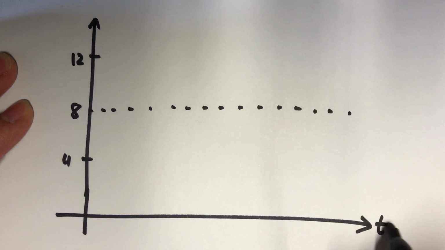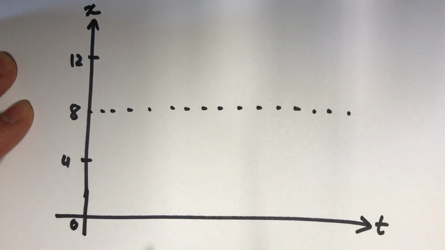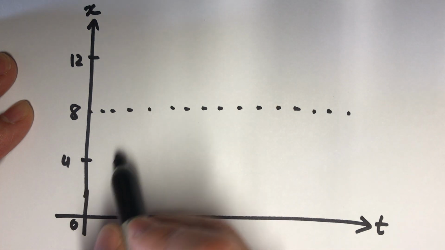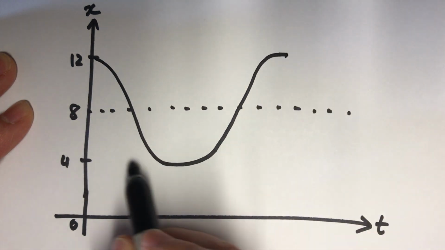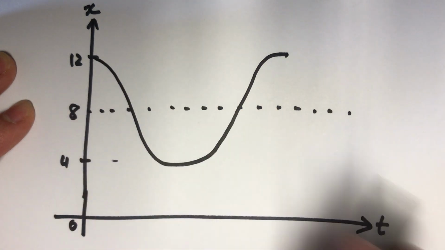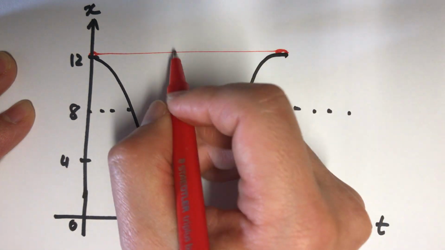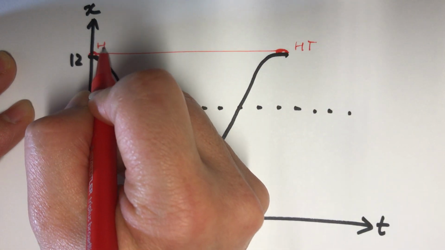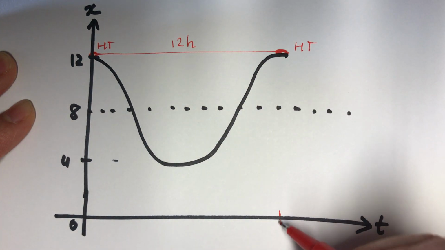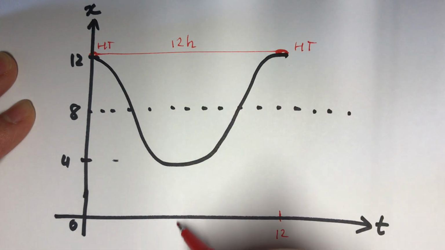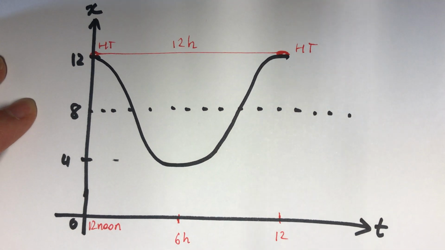X, and that's a 0 there. From high tide to high tide, it's 12 hours. So here 12 hours, and in the middle 6 hours, and 12 noon. Okay, so that's what I've got.